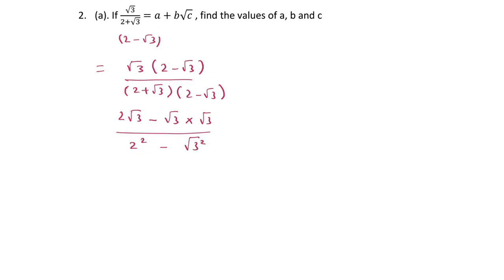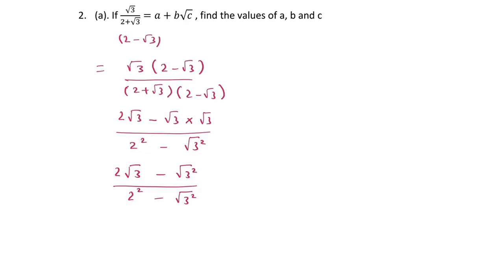Also, this can be written as 2 times under root 3 minus under root 3 squared over 2 squared minus under root 3 squared.